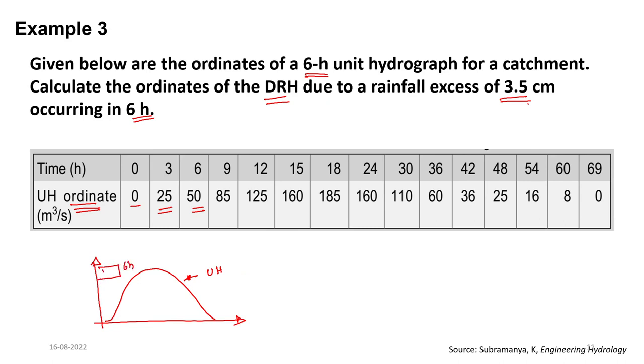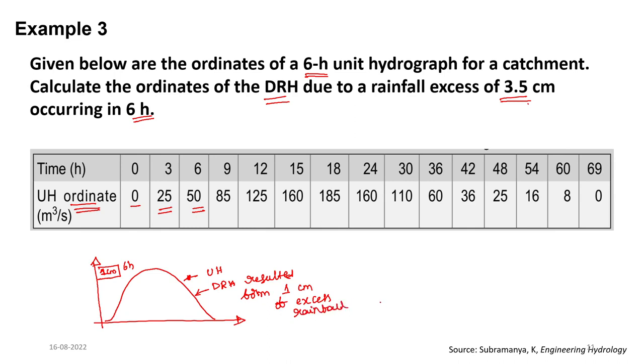And what is the excess rainfall depth? 1 centimeter. This is the DRH. Do you have any doubts? Yeah, this is a DRH resulting from 1 centimeter of excess rainfall.